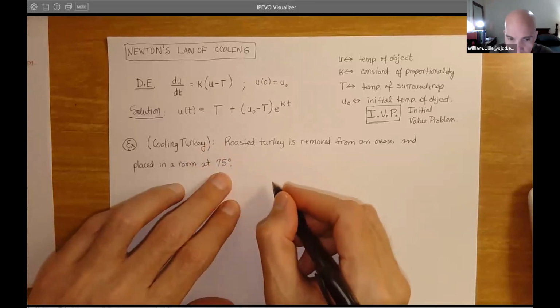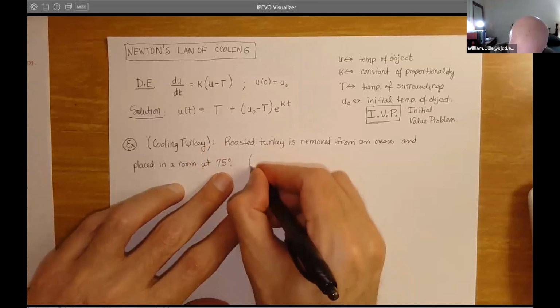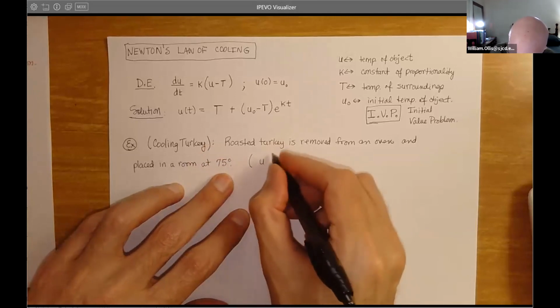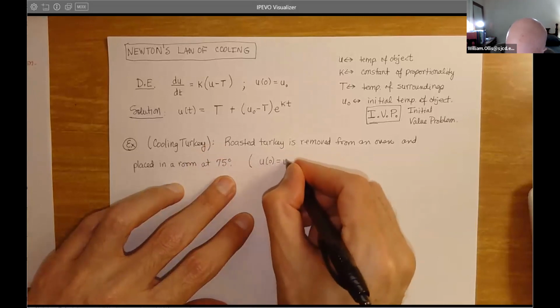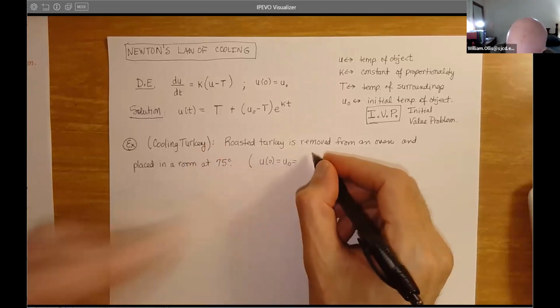So we have the ambient temperature, and then as an aside, when you remove the turkey from the oven, the initial temperature is 185.